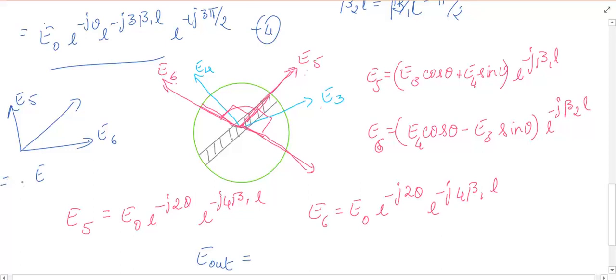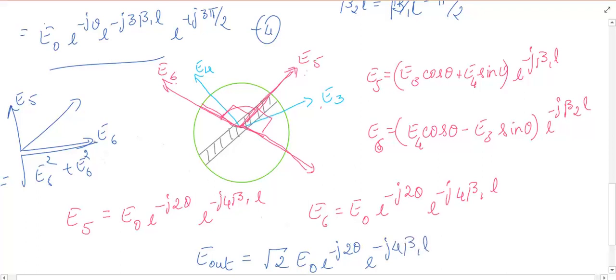We are speaking about the magnitude, so it is the square root of E5 square plus E6 square. These two terms are same, so you take the square outside. So can I write it as root 2 E naught e to the power minus j 2 theta e to the power minus j 4 beta 1L.